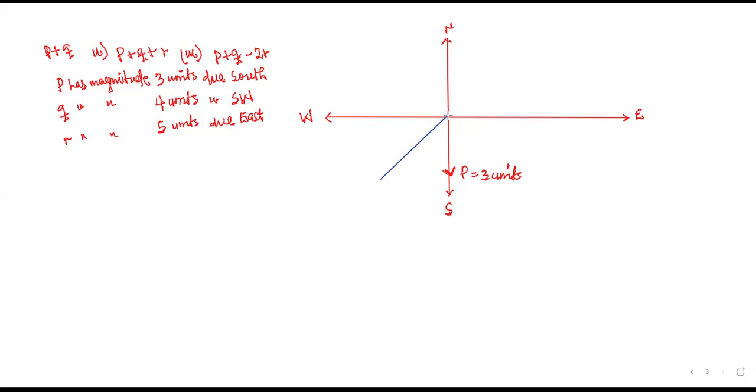So Q divides the southwest quadrant into 2 equal parts. This is Q, four units. Then R has a magnitude of 5 due east.